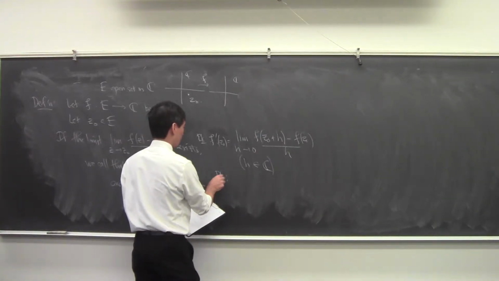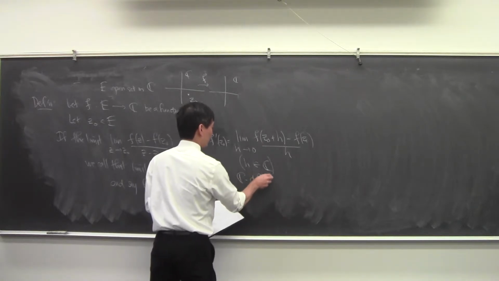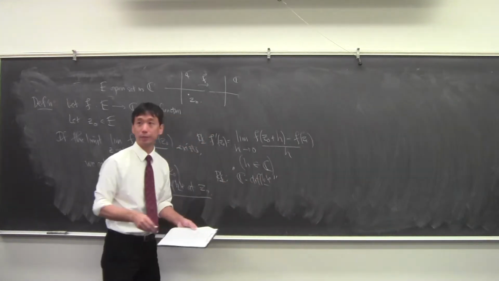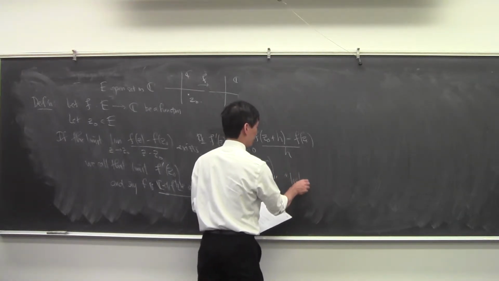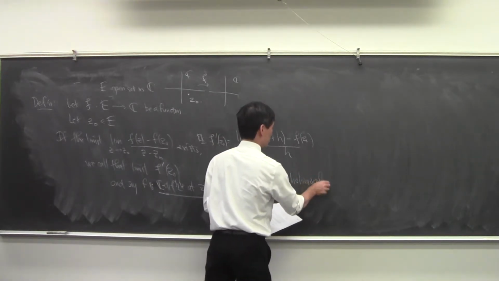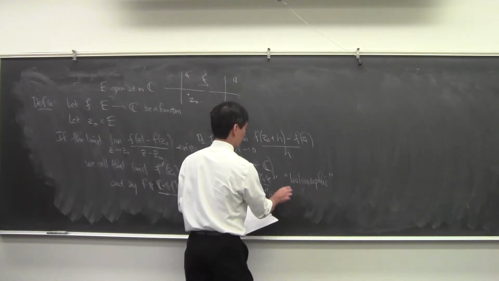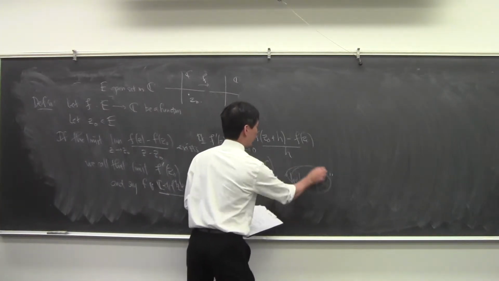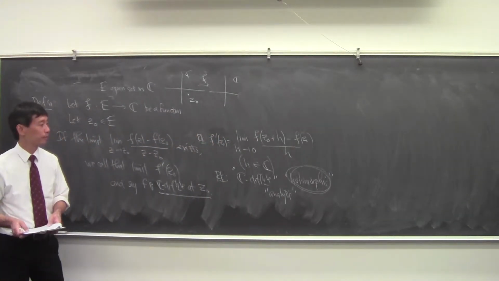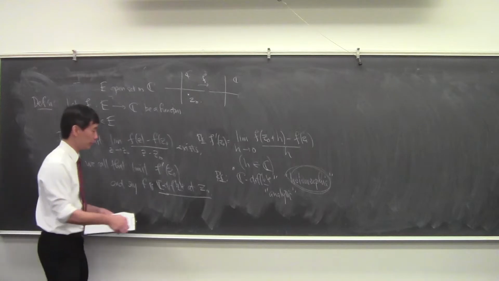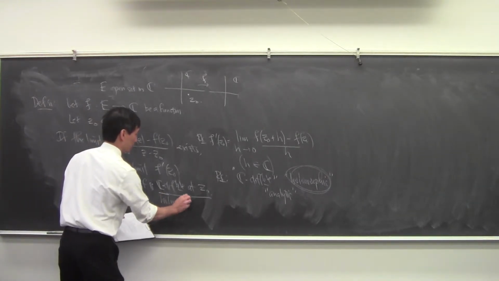Another remark. In some books, you'll see this term complex differentiable. Other terms that are used are holomorphic or analytic. Holomorphic is probably the more popular of these terms. So if I say holomorphic, what I mean is complex differentiable.